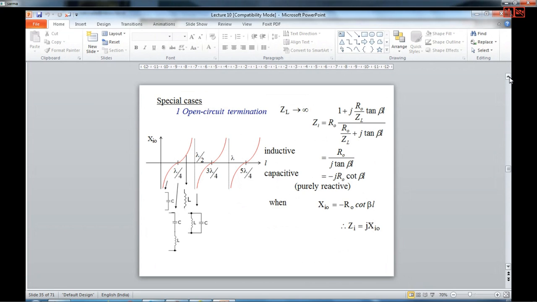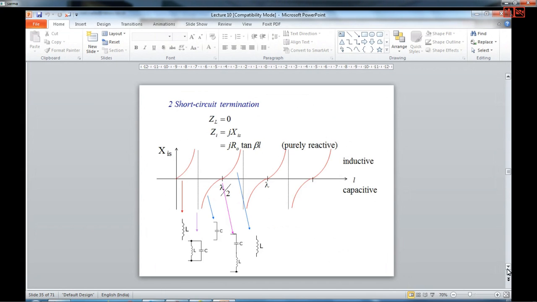Whichever one is going to give better performance in terms of inductance and capacitance over a broad range of frequencies, and not disturbing the other circuits by radiating these signals, these are the deciding factors for an open circuited line or a short circuited line to be used in a particular system. And the capacitance value will come from an open circuited line if the length is less than lambda by 4, and if the length is greater than lambda by 4, it's going to act like an inductor.